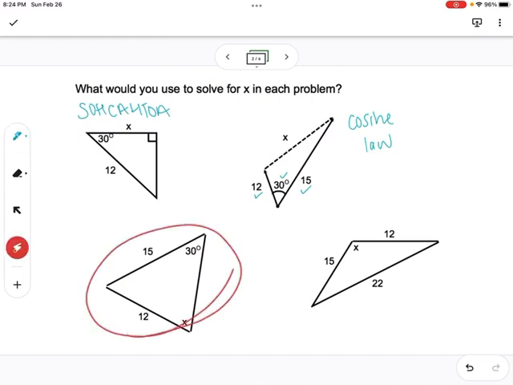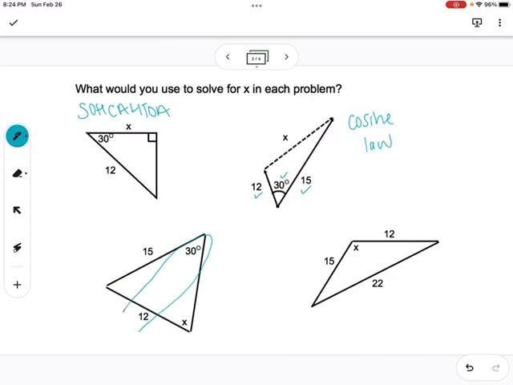Okay, the next triangle down here, again, it does not identify with the 90-degree angle. We don't have a right angle triangle, so then we are going to be using sine or cosine law. And what we notice here is that we have pairs that match up, a side that matches with the angle, and when we have those pairs, then we can use sine law.